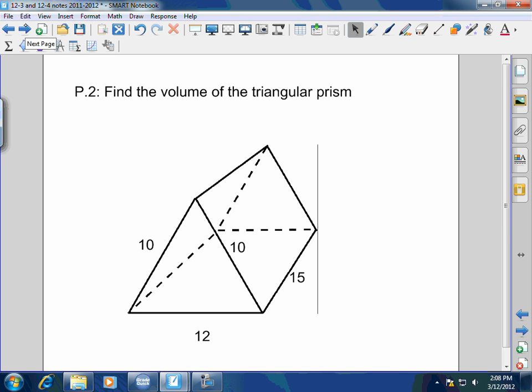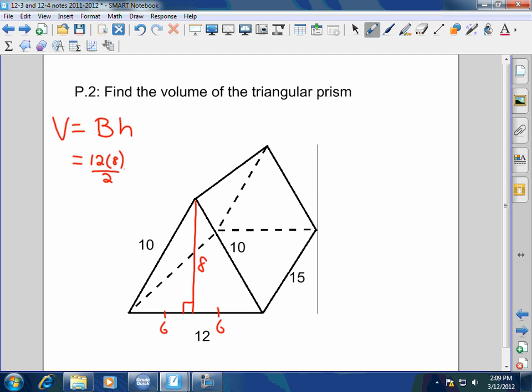Let us continue. All right, I want to find the volume of this triangular prism. Well, volume equals base area times height. The base area here, well, I'm going to cut this in half with an altitude. So this is a 3-4-5 times 2, so that's 8. So my base area is 12 times 8 divided by 2, so that's 48, right? Times my height of 15.